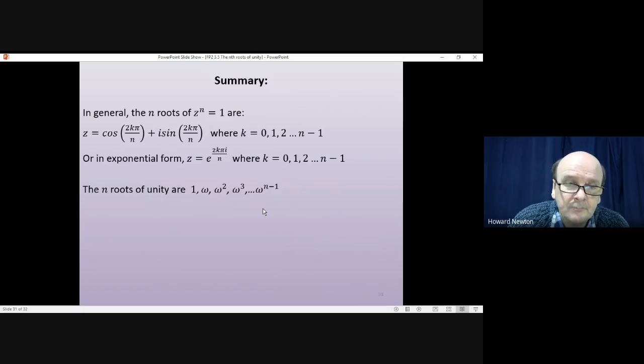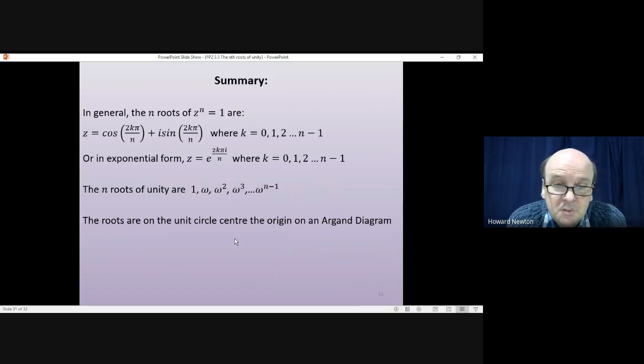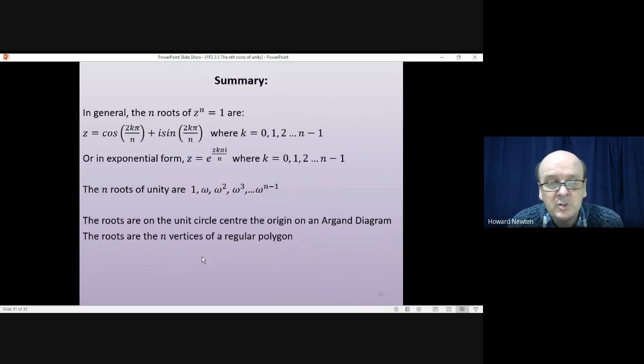The roots of unity are always on the unit circle, which has center the origin on an Argand diagram. And the roots will also always be the n vertices of a regular polygon.